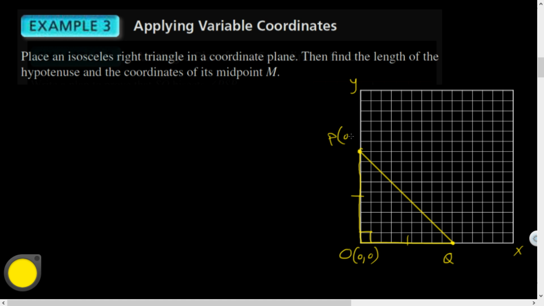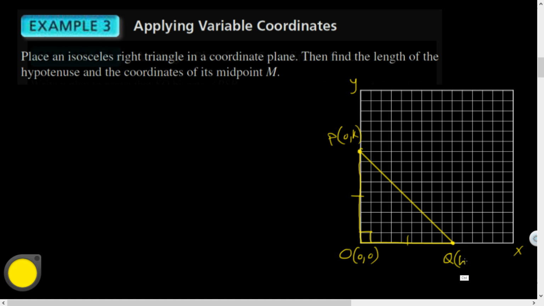Point P we could call (0, some letter). We'll just call this (0, k). You could have come up with some other letter.